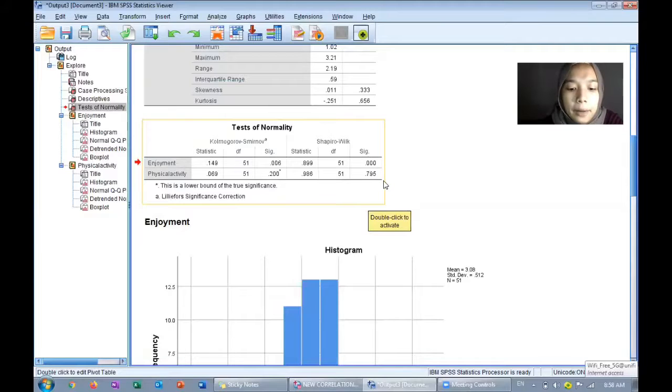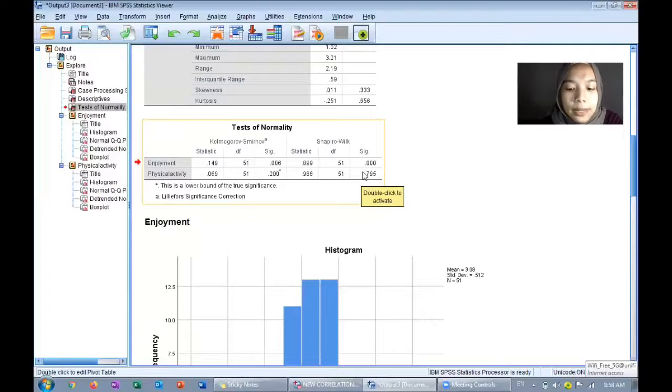The data is normal if the p-value is more than 0.05. But in this table, only physical activity participation shows a p-value more than 0.05, where the p-value for physical activity is 0.795, which is normal, while the enjoyment p-value shows that p is less than 0.05, which is not normal.